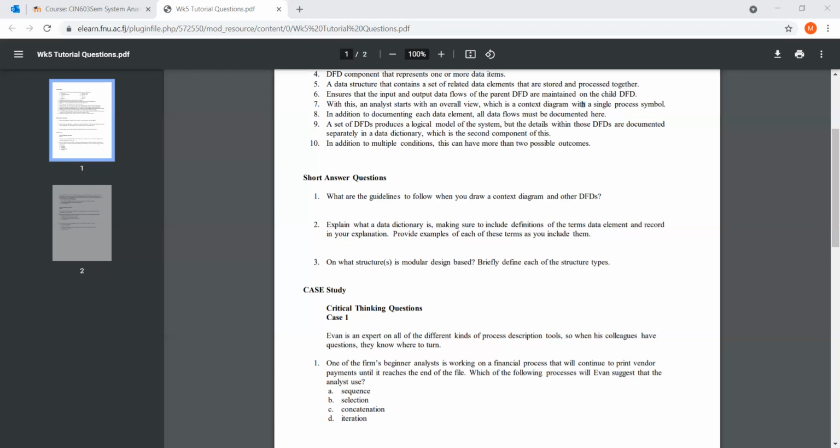Modular design is based on combinations of three logical structures.